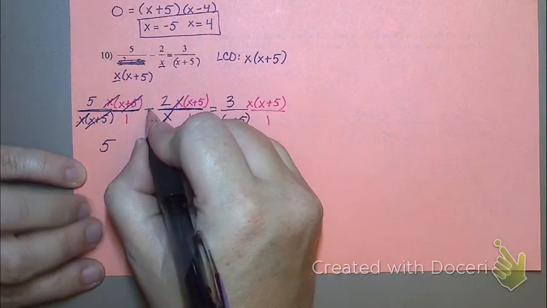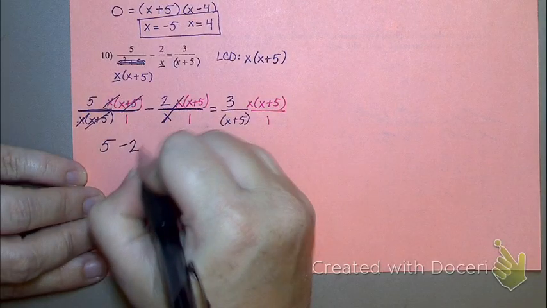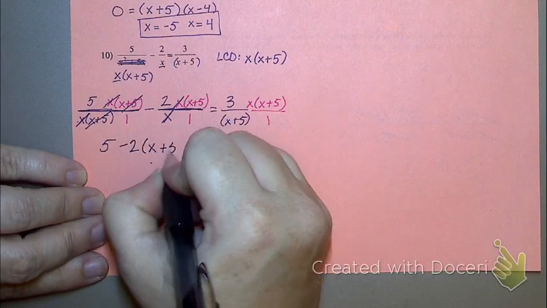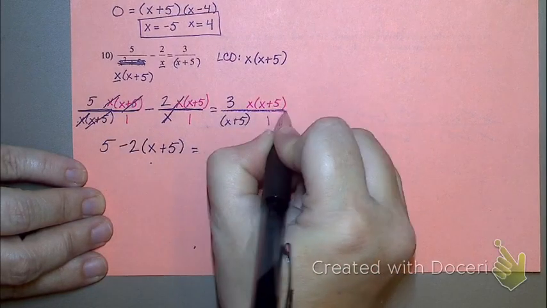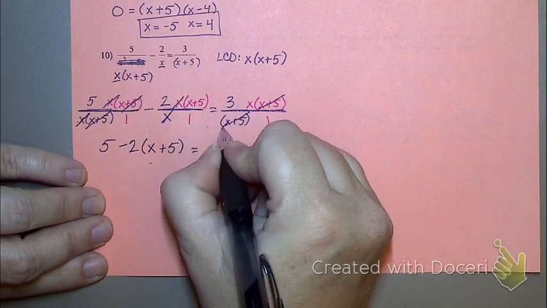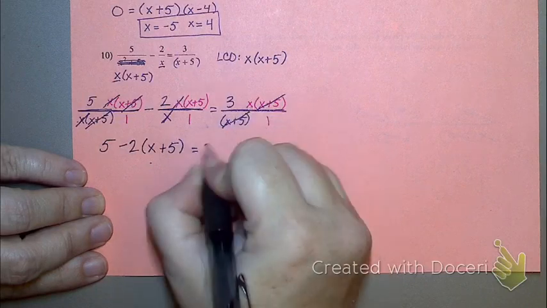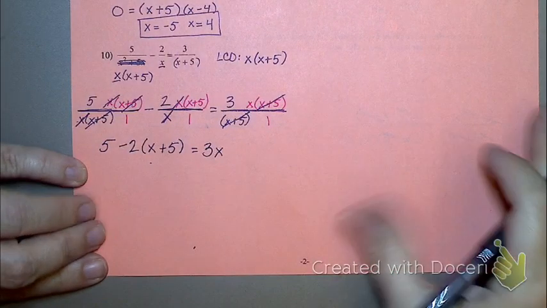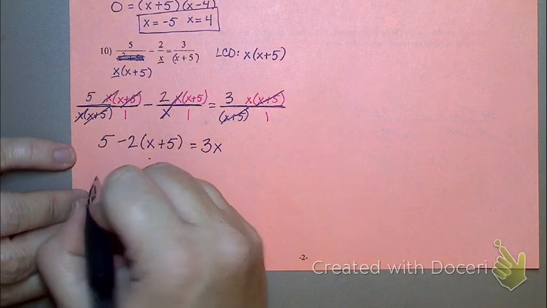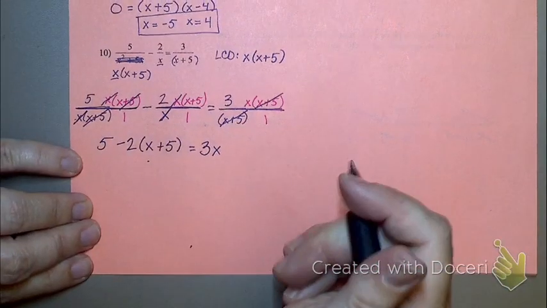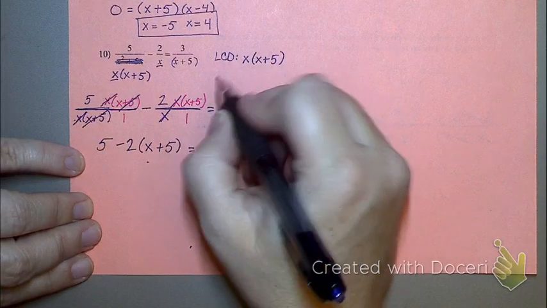So I have minus 2 parentheses x plus 5. And then over here, what's going to cancel? x plus 5, so I have 3x. Is that a difficult equation to solve? Shouldn't be. Before I go on and solve this, though, I didn't talk about what my excluded values are. What are my excluded values?